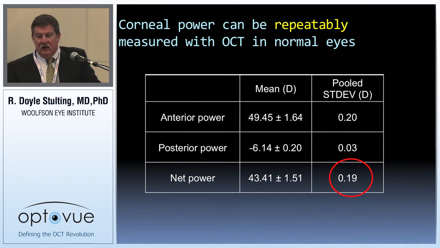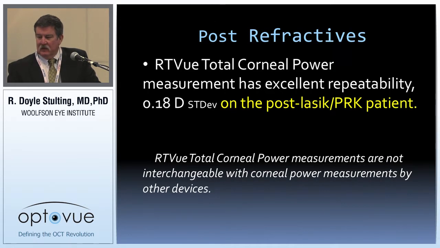These are normal eyes showing the mean, standard error, and the pooled standard deviation. So you can see it's accurate to within about 0.2 diopters. It also has excellent reproducibility in post-LASIK eyes with a standard deviation that's about the same.